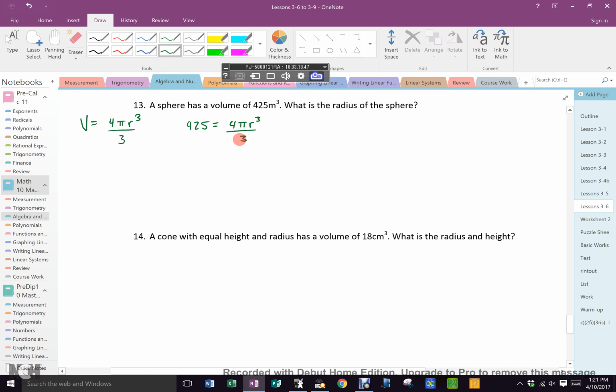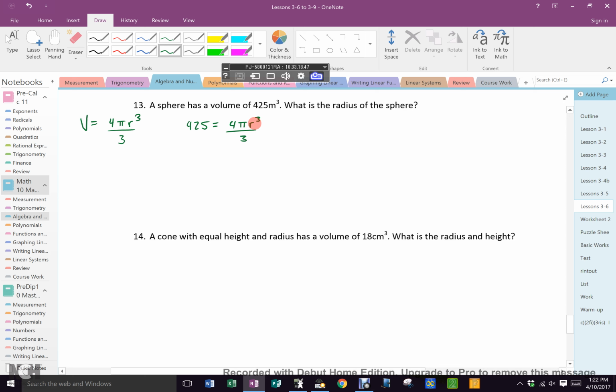Now, what is my job every time I have an algebraic expression with an unknown? Isolate that, which means I have to start as far away from that as possible and get it by itself, yes? What would you say is the furthest thing possible from that r?